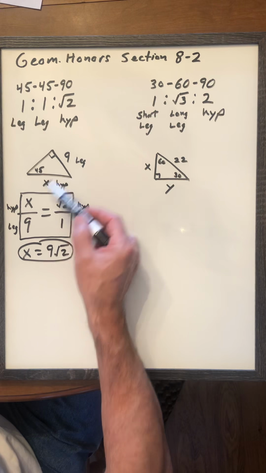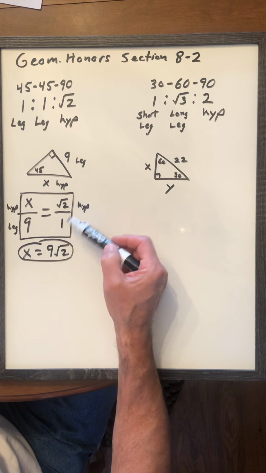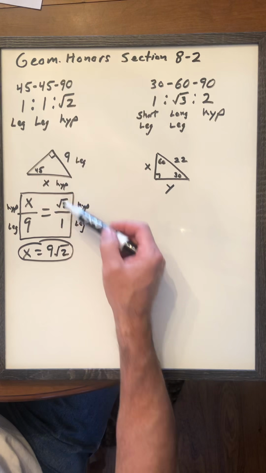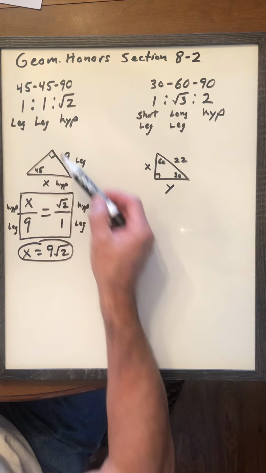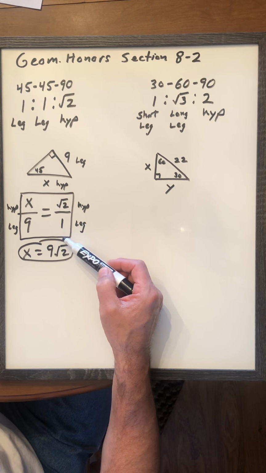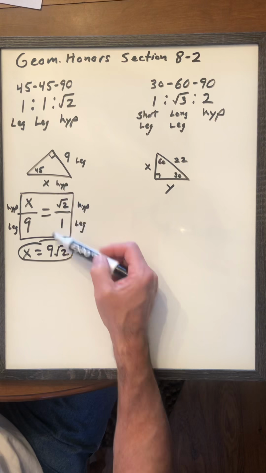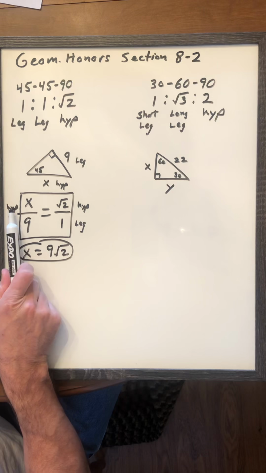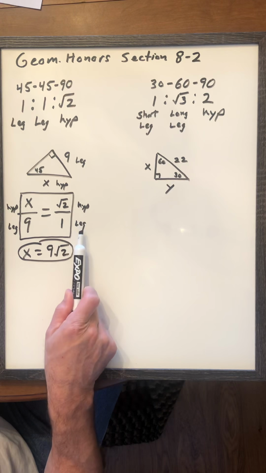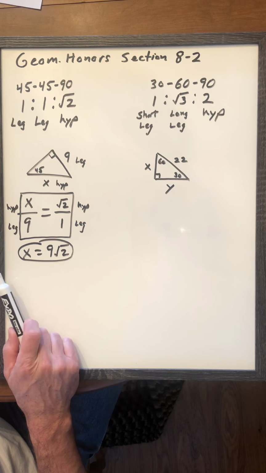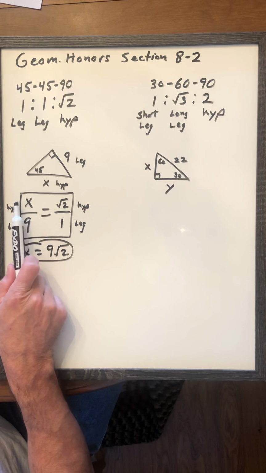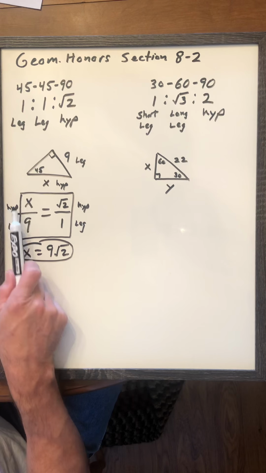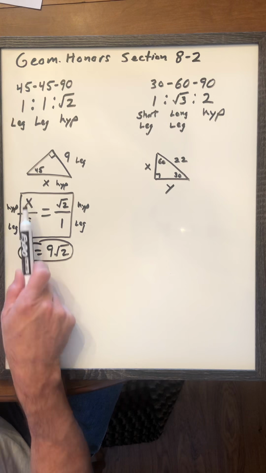I chose X over 9. And on the other one, I chose square root of 2 over 1. It comes from your ratios. So one fraction from the diagram, one fraction from your ratios to set up your proportion. Just make sure you stay consistent: hypotenuse over leg, hypotenuse over leg. Now, if I had gone 9 over X, it would have been leg over hypotenuse, 9 over X.